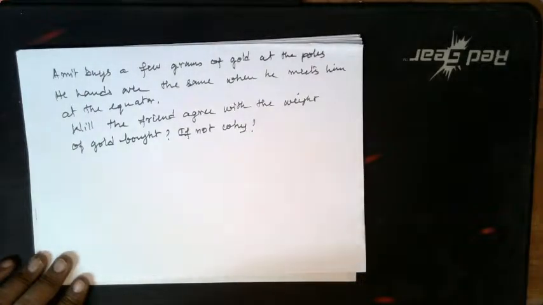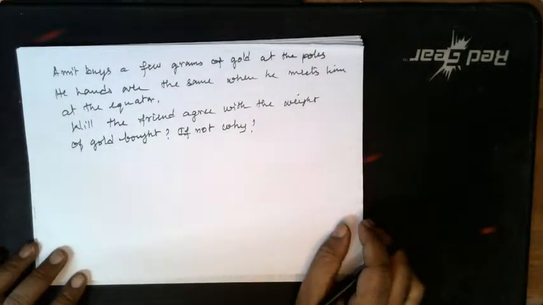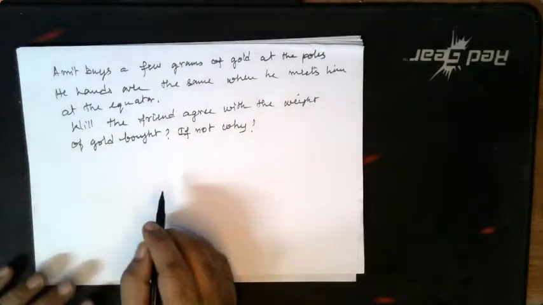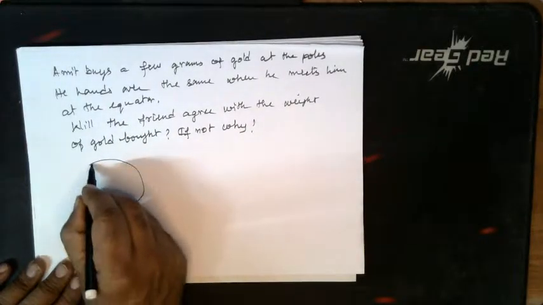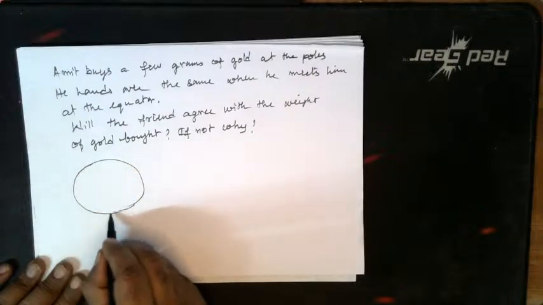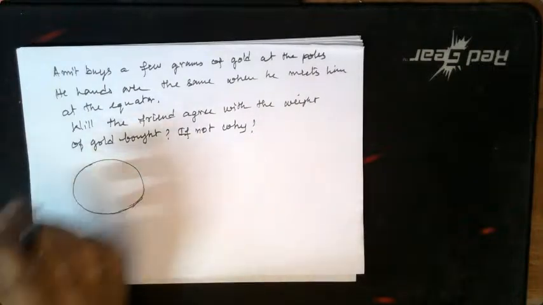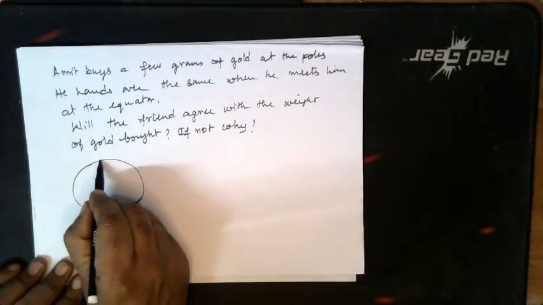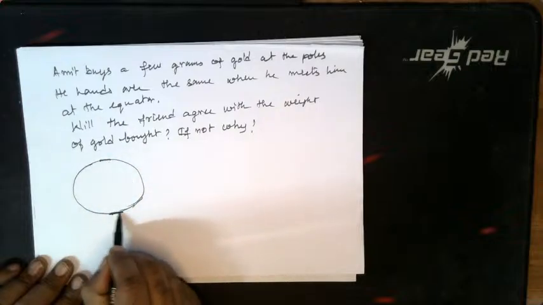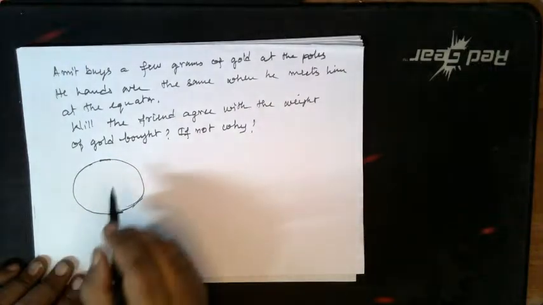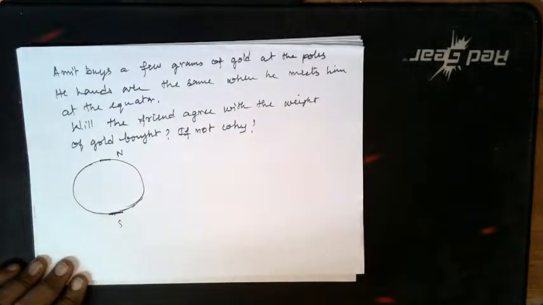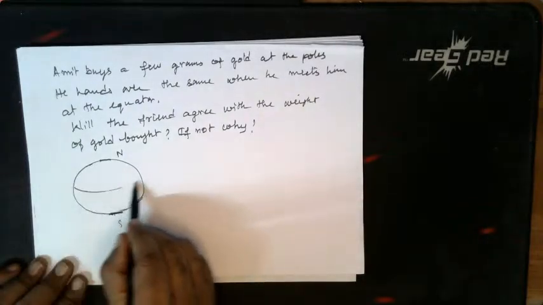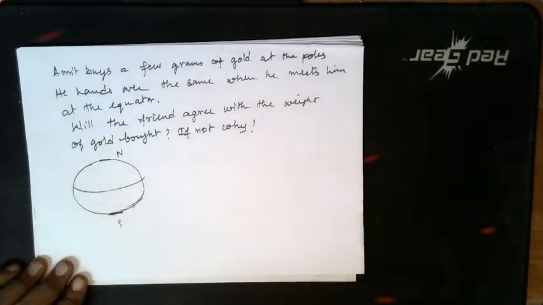Okay, right. Now the concept is, take down. Actually the earth is not round shaped, it is pear shaped. At the top and bottom it is almost flat. So you have the North Pole and South Pole, and this is the equator.